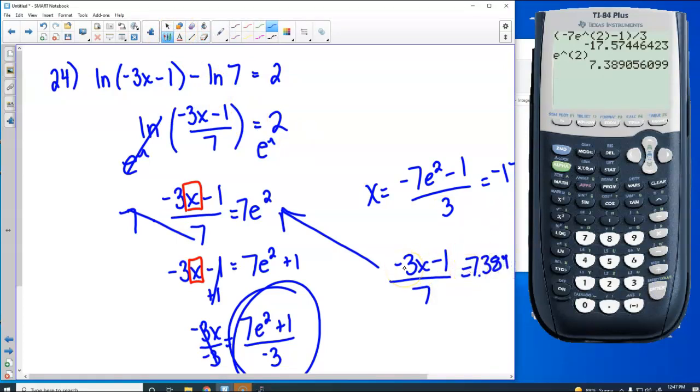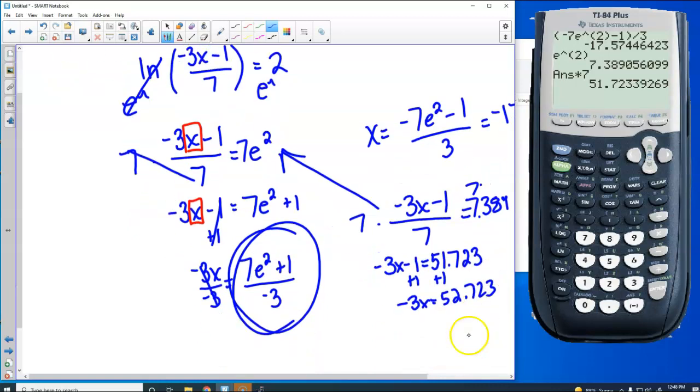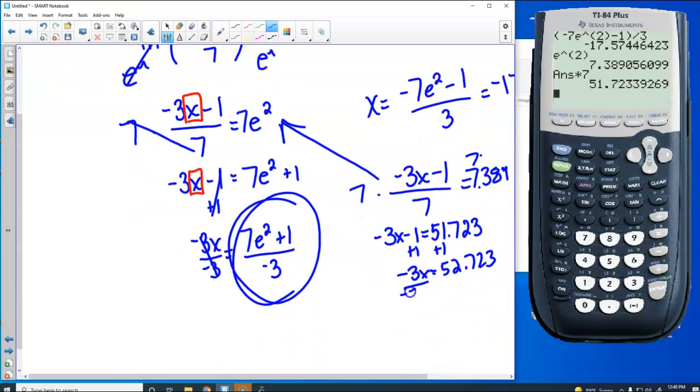So the steps are still the same. You're just going ahead and using decimals. So you multiply by 7 on both sides. Negative 3x minus 1 equals 51.723. You would add 1, which would give you 52.723. And then you would divide by negative 3.